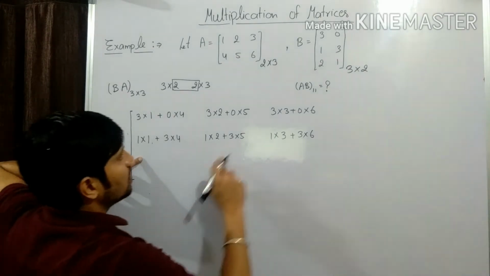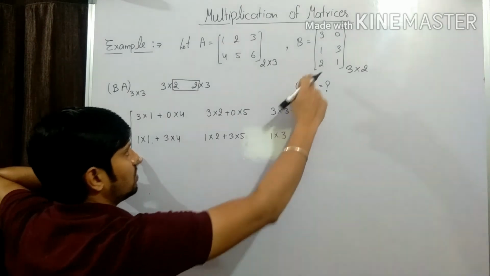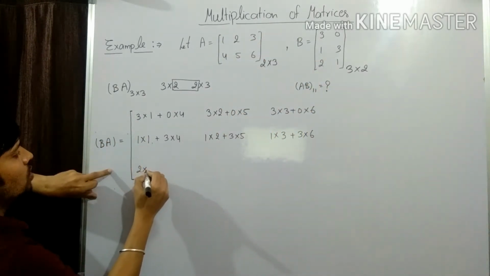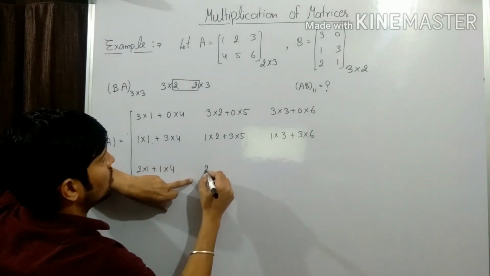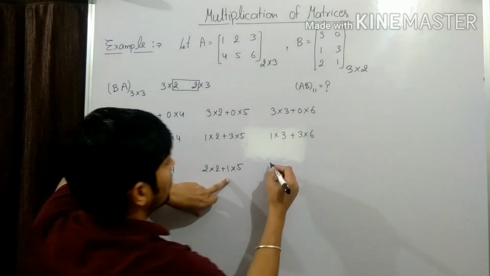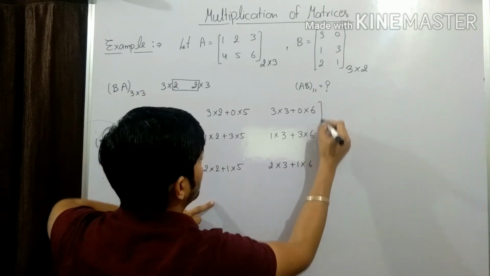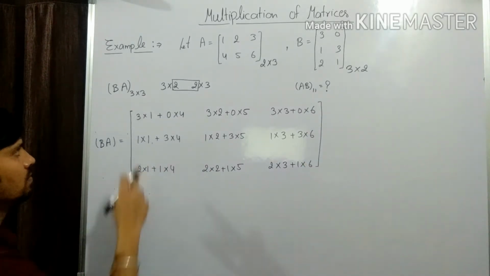In the same manner we can find the third row, multiplied with all the columns. This is 2 cross 1 plus 1 cross 4, 2 cross 2 plus 1 cross 5, 2 cross 3 plus 1 cross 6. Now multiply them and add them.